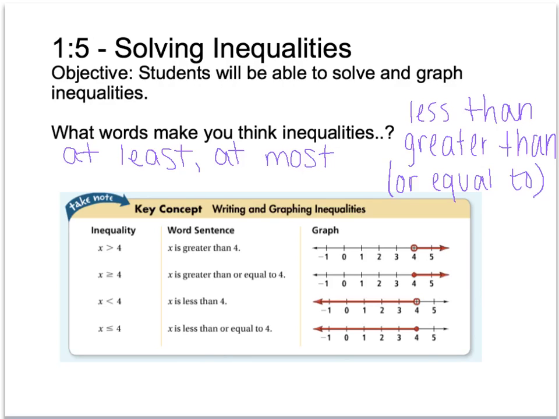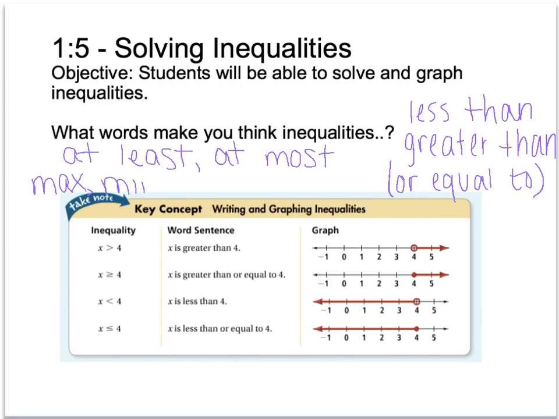What if I said I can have 30 people in class, but I can't have any more? Can somebody think of how I could word that? Maggie? Okay, I could have a maximum of 30. That's a good word that I didn't even think of. You could talk about maximum values, minimums.